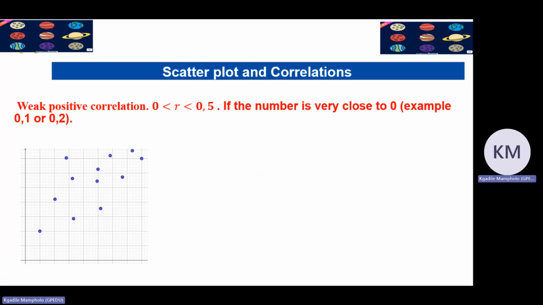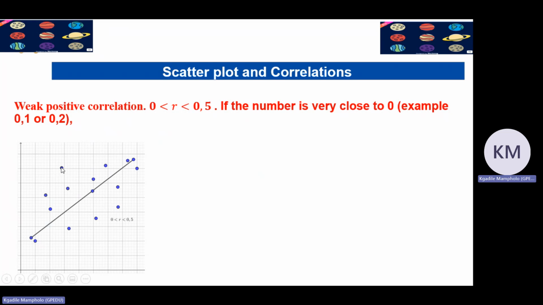If you draw a line, you can see the plots are scattered like this, but there is that increasing trend, and they are not very close to the least squares regression line. So if you use a calculator and get that R is between 0 and 0.5, then you'll say there is a weak positive correlation.